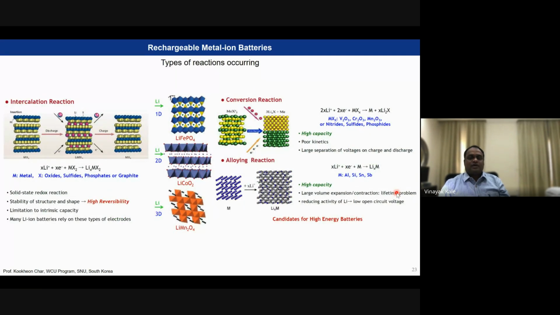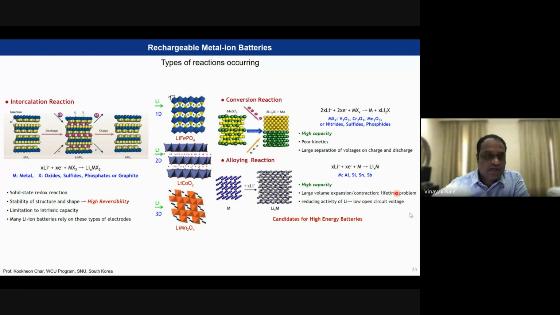One could be very curious about how lithium reacts with another material or the cathode. Depending on how the reaction happens, there are types of reactions, such as the intercalation reaction.